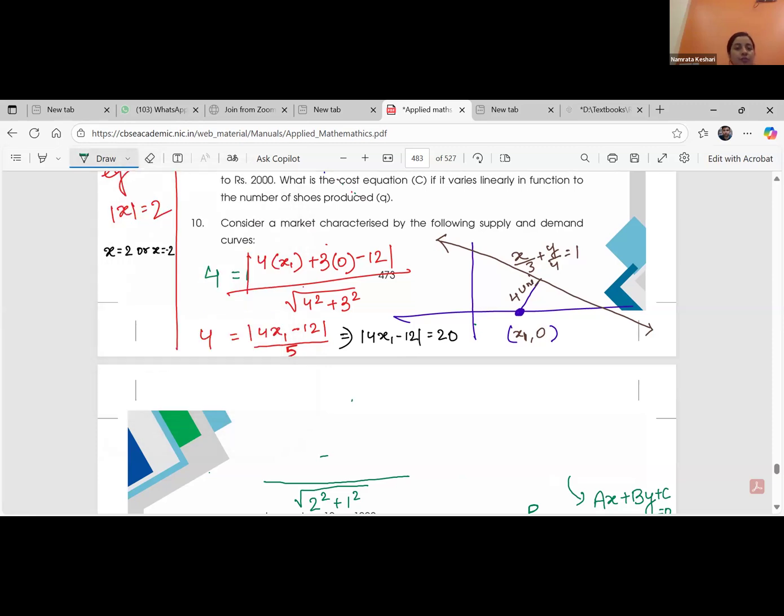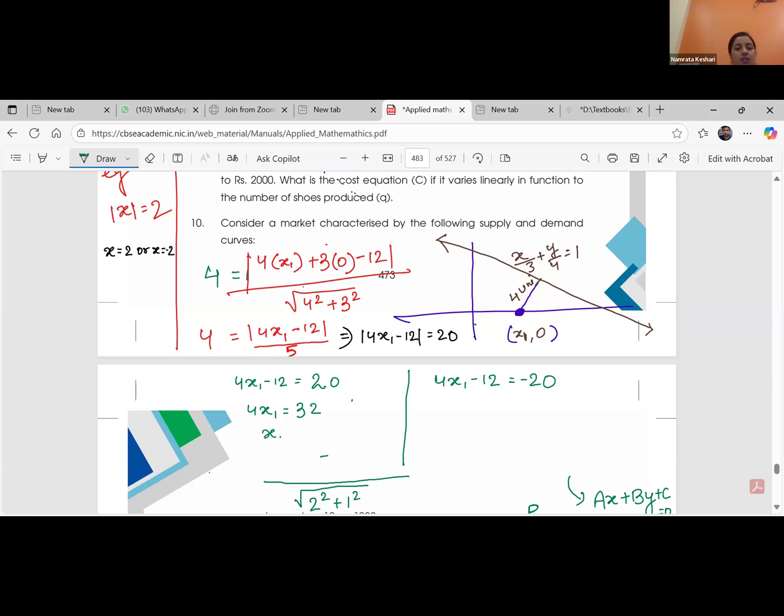So if mod of 4x1 minus 12 is equal to 20, that means 4x1 minus 12 is one of the possibilities, just positive 20, and 4x1 minus 12 maybe it was negative 20. Now we will solve these two cases one by one. We will get 4x1 is equal to 20 plus 12, that means 32.